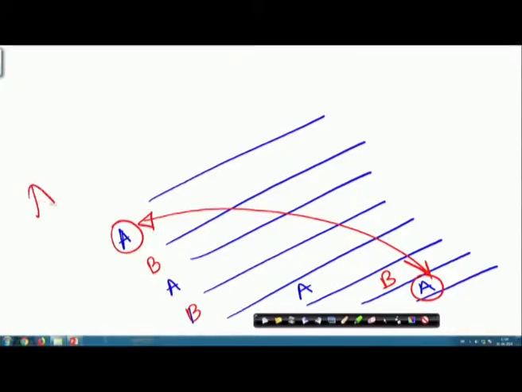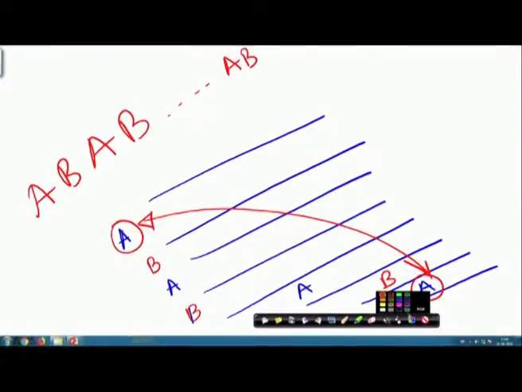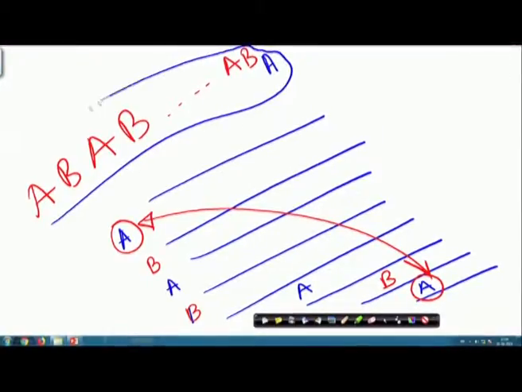Ideally it should have been AB, AB, and end with AB, but generally we put another layer at the end. And why do we put that one? To give a symmetry in this type of configuration.